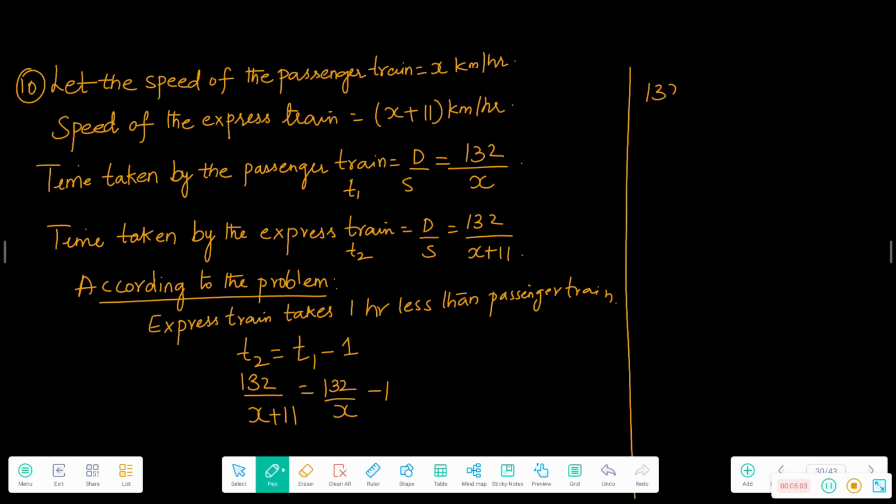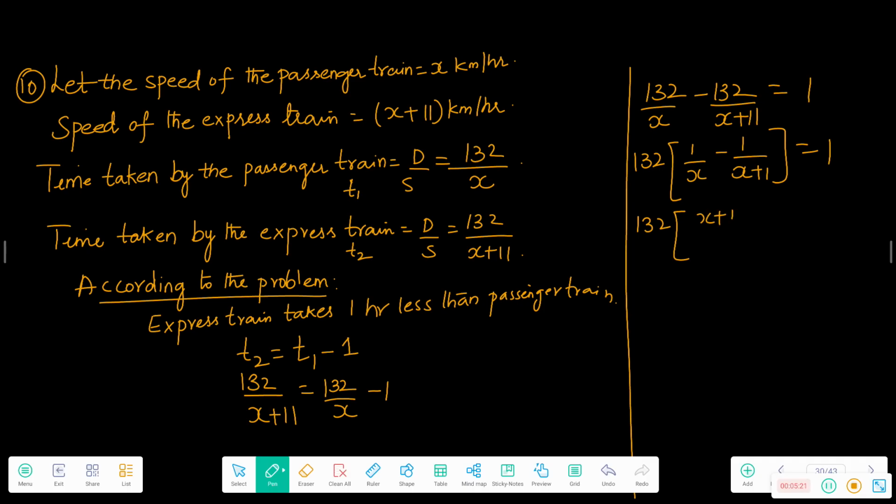So we will get 132 by x minus 132 by x plus 11 is equal to 1. If I take 132 common, 1 by x minus 1 by x plus 11 is equal to 1.